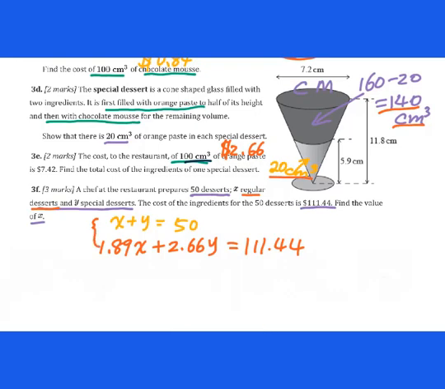When you have a system of equations, I will show you how to use a matrix to solve it. Before you get started, you have to make sure it is in standard form, which means ax plus by equals c form.